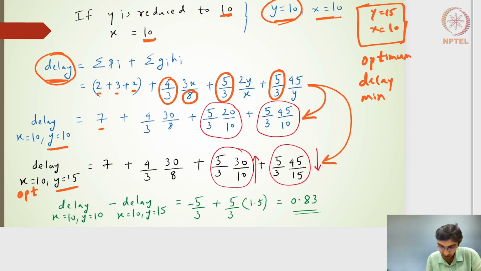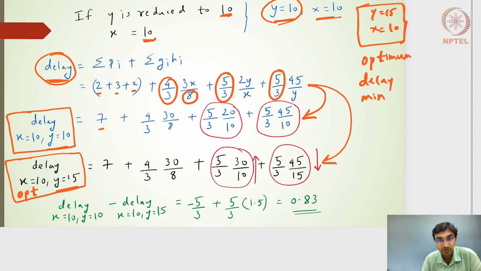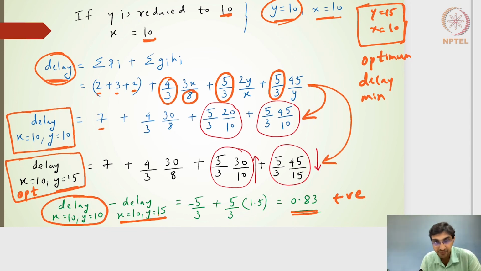If I subtract this estimated or calculated delay value for x is equal to 10 and y is equal to 10, and the delay for x is equal to 10 and y is equal to 15, if I do the difference here, it turns out to be positive, right? So the difference is positive. What it means is x is equal to 10 and y is equal to 10 size, the gate sizes are giving me a delay more than the size that we had got for x is equal to 10 and y is equal to 15, right?